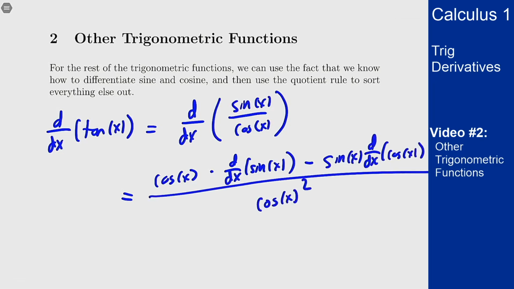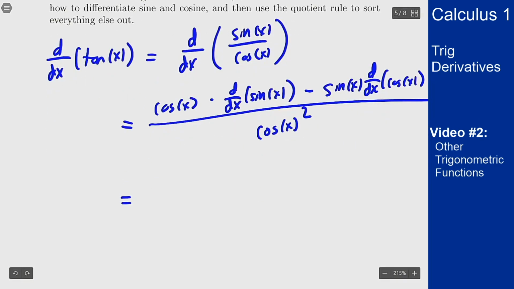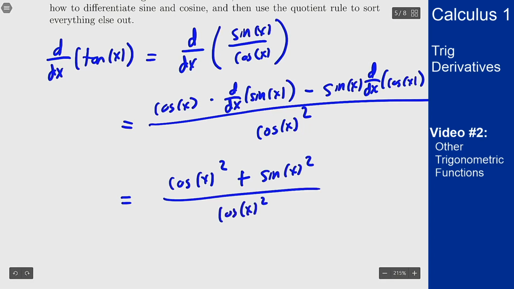And then we can plug in our known derivatives for sine and cosine. The derivative of sine is cosine, meaning that first term becomes a cosine of x squared minus sine of x times derivative of cosine, but that's minus sine, so I'll get a plus sign here and a sine of x squared over cosine of x squared.